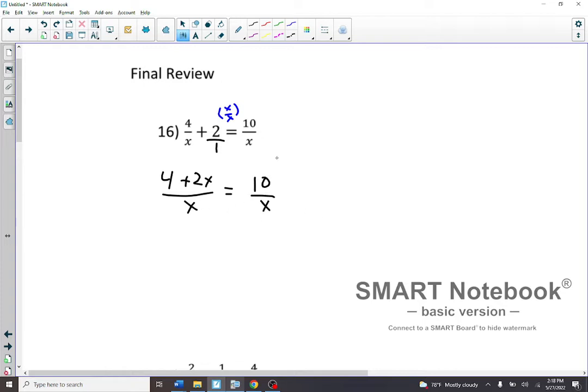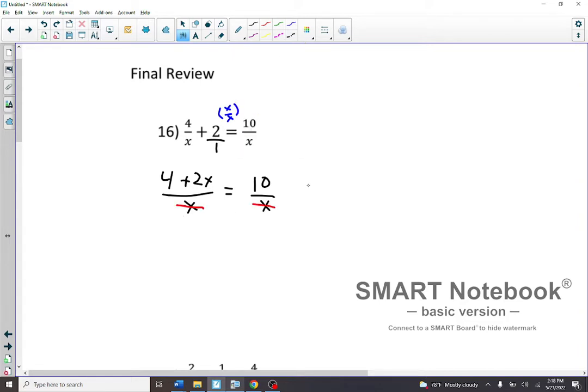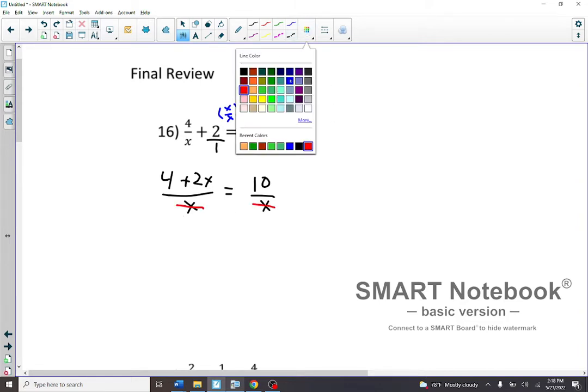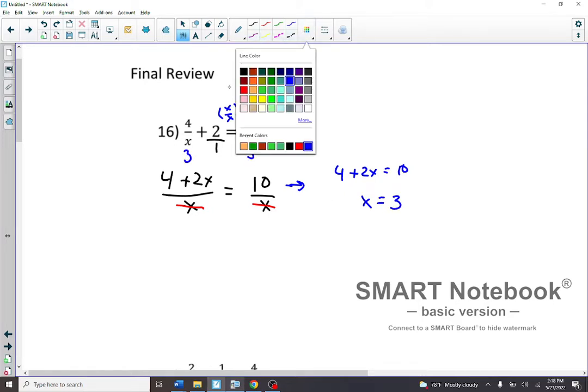Wait a second, since the bottoms exactly match, I don't need to cross multiply. I could just cross them out. And this only works because they match exactly. Which means it's going to be 4 plus 2x equals 10. A little bit of algebra, x equals 3. Again, check. Does this cause a 0 anywhere? No. So it's okay.